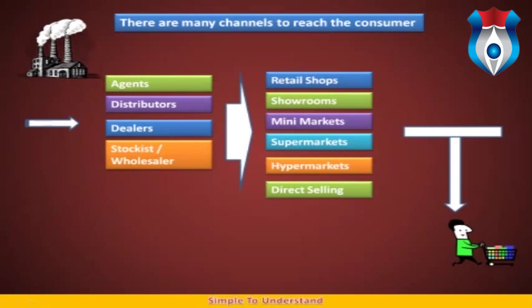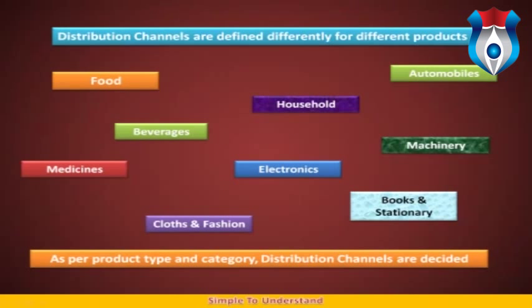So, to make the product available, a distribution system is formed. The distribution system carries the product and makes it available for a consumer. Distribution channels are defined differently for different products.